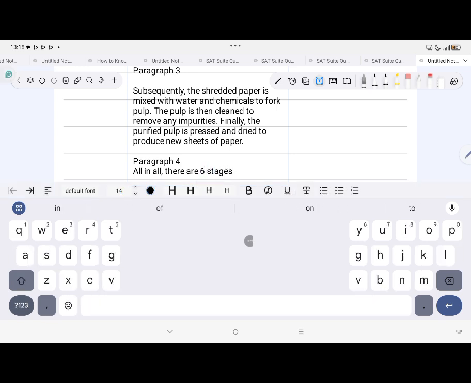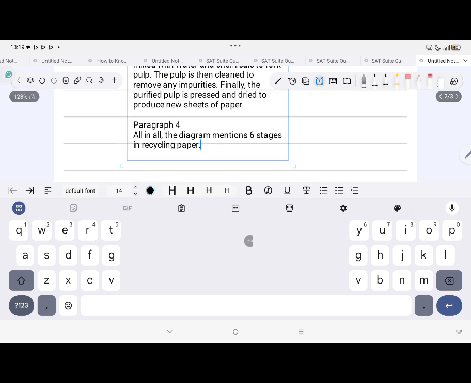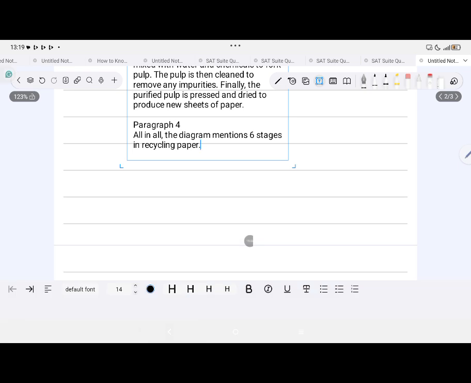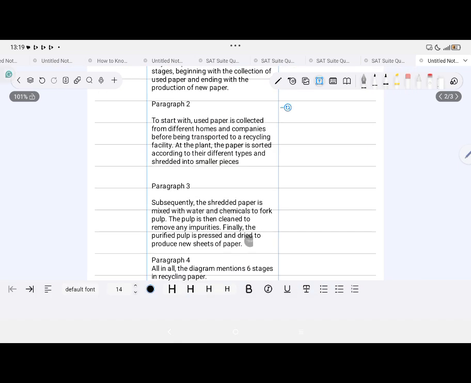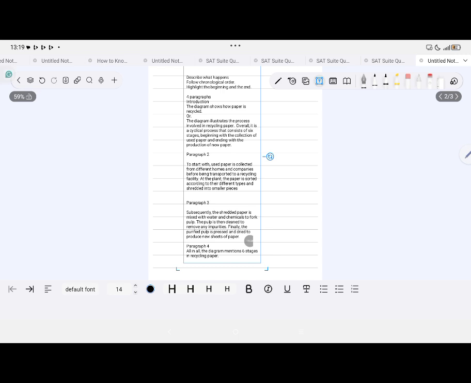Or all in all, the diagram mentions six stages in recycling paper. That's all. Task one is so easy, and writing a summary of a process is so easy.